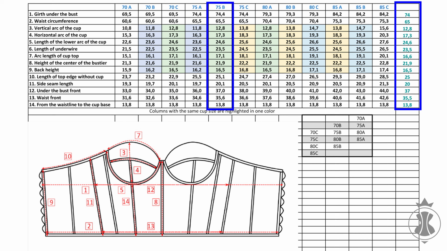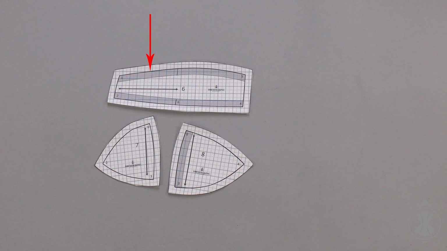Once all the measurements are taken and compared to those in the table of standard pattern measurements, you might find a significant discrepancy between your cup measurement and the value from the table. This is most often the case with the top cup arc length measurement.